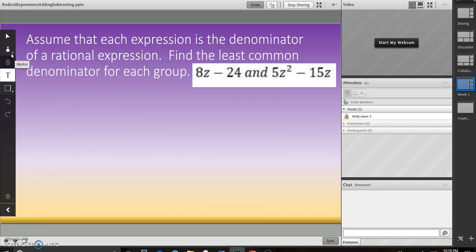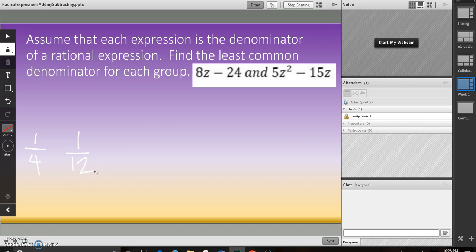All right, first, what if we had, let me think of some numbers, 1 over 4 and then 1 over 12, and those are my fractions I wanted to add or subtract.